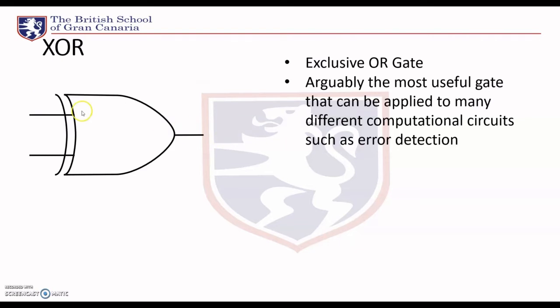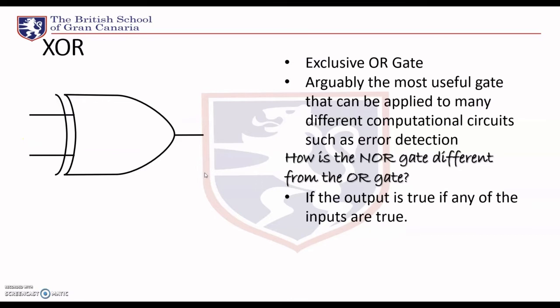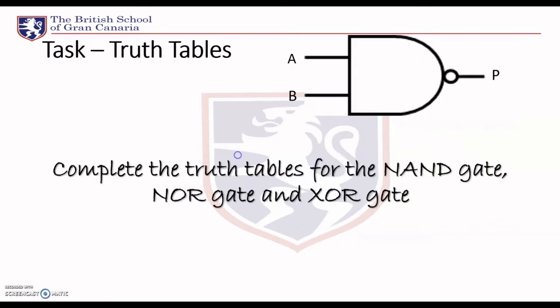And if one of the inputs were true, then the output would be 1, or true. And if both the inputs were 1, then the output would be 0. So if only one of the inputs is true, the output is true. But if both inputs are true, then the output is false.